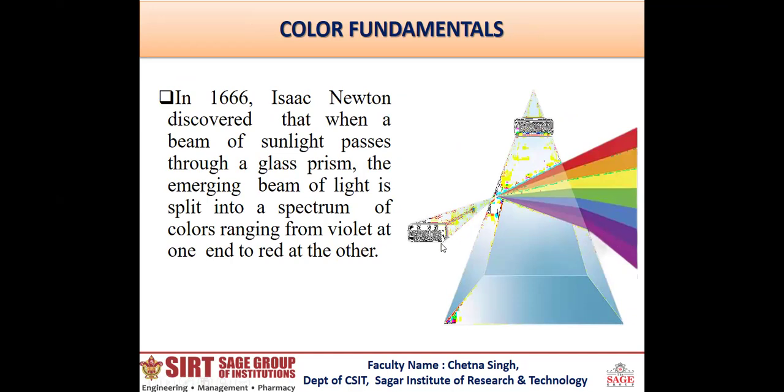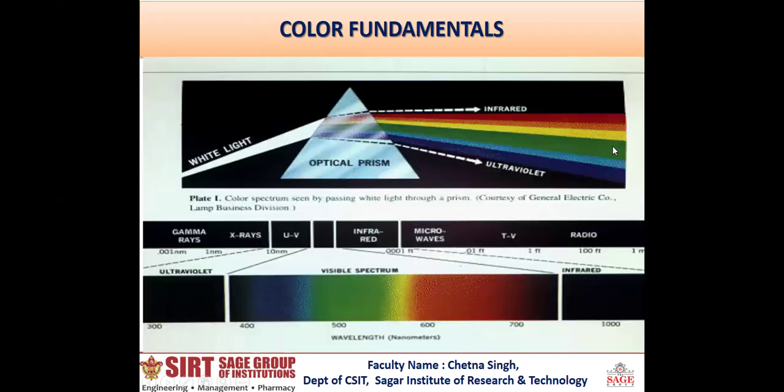You can see it when we pass sunlight through a glass prism. This is a glass prism. This is the sunlight, and with the help of the glass prism, the emerging beam of light is split into the spectrum from violet to red at the other end. Here you can see it clearly.